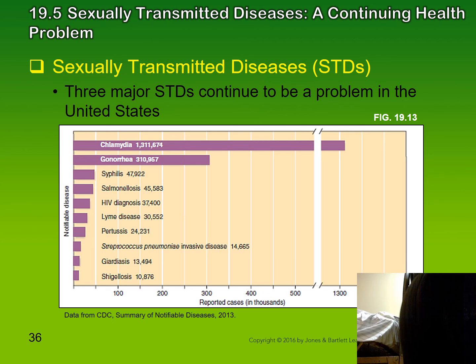Okay, so chlamydia, gonorrhea, and syphilis are the three most popular of those diseases, and you'll see that chlamydia and gonorrhea are way more cases than a food poisoning like salmonellosis.